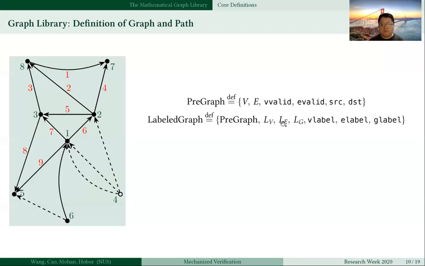Based on pre-graph, it adds three more functions. VLabel for labels on vertices, ELabel for labels on edges, and GLabel for the label on the whole graph. LV, LE, LG are the types for the labels respectively. Even so, it is not enough.